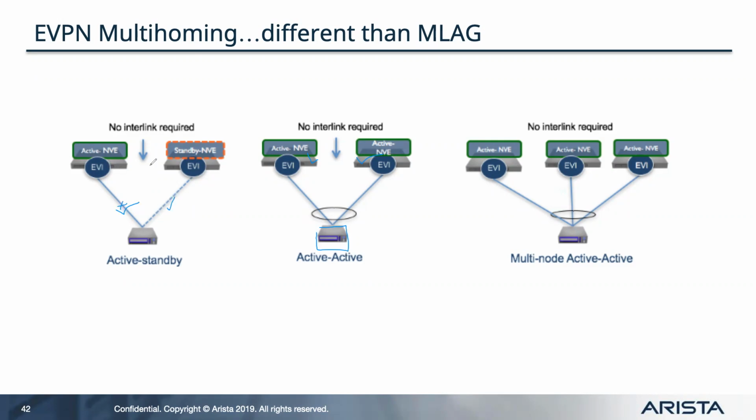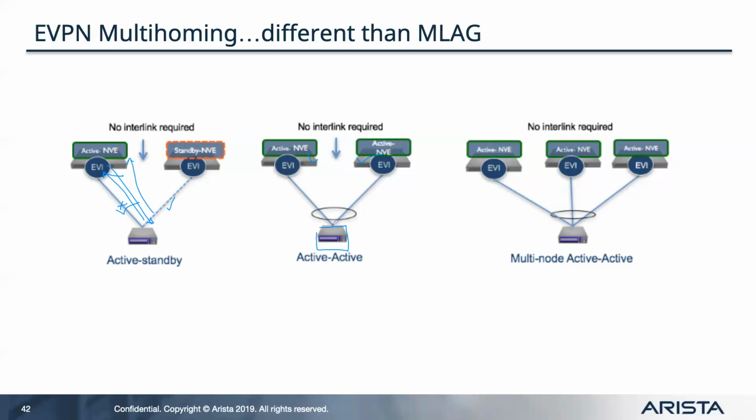Then there is not much problem, because all the traffic will come here and ARP requests also go here and come back here. If the customer has configured active standby, that's not a big problem, it will work fine. But obviously you won't be able to utilize both the links.